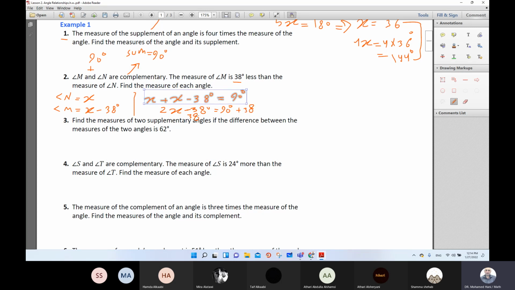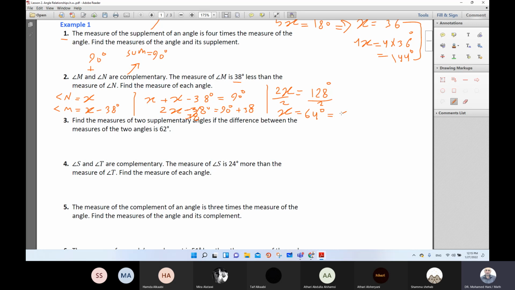Negative 38 plus 38 will be 0. Remains here 2x equals 90 plus 38, which will be 128. So divide the two sides by 2. 2x divided by 2 will be x equals 128 divided by 2, which will be 64 degrees.